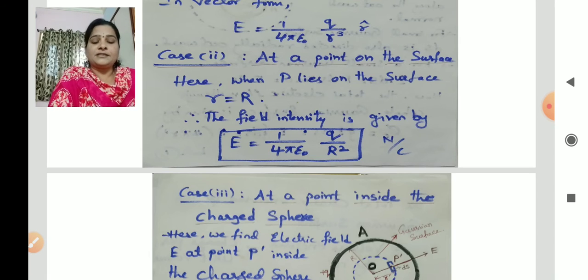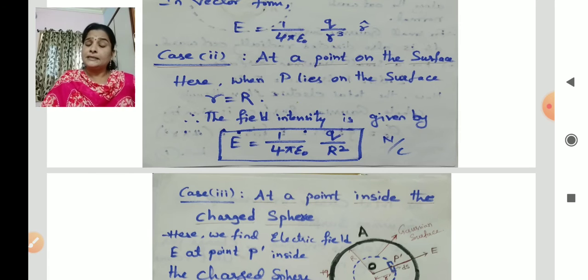So here if you consider it on the sphere, then the electric field intensity on the sphere, the Gaussian surface will now be on the sphere.